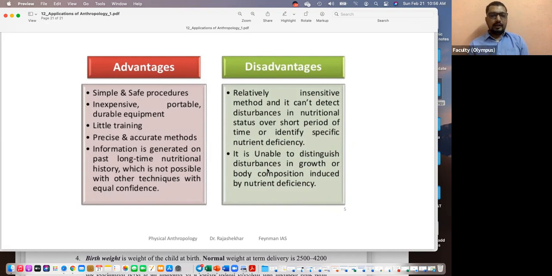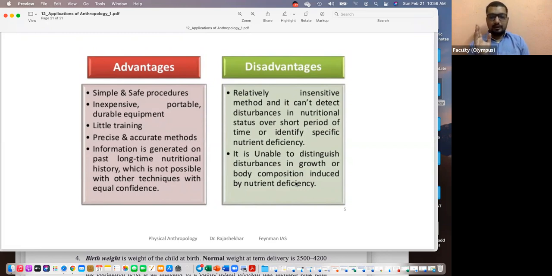And the next one is that it is unable to distinguish the disturbances in growth or body composition induced by nutritional deficiencies. Sometimes what mechanism is causing the disturbance is difficult to identify. It will only tell the outcome observation, but some other analysis needs to be done to identify what's causing it. Sometimes you don't even know why you lose weight.